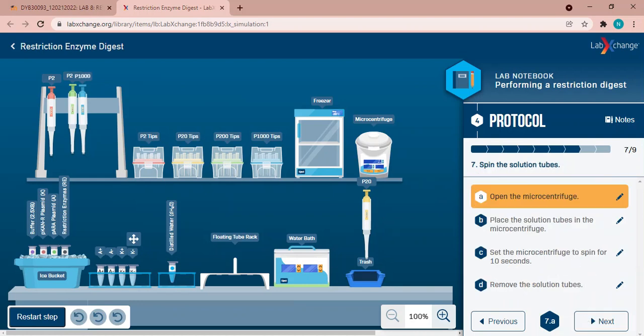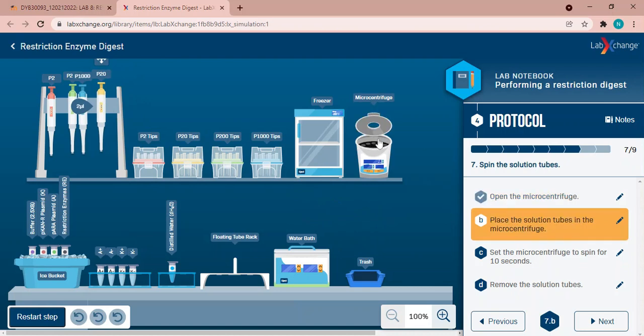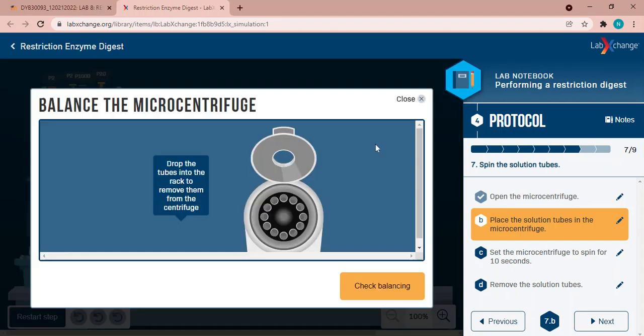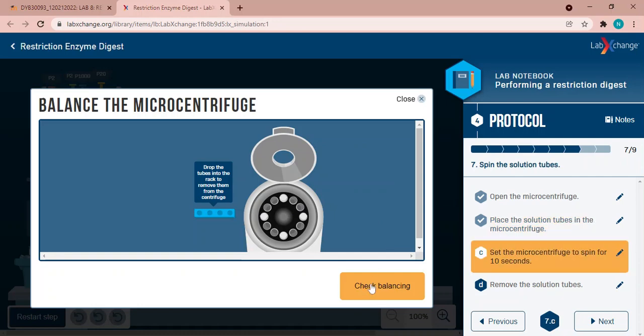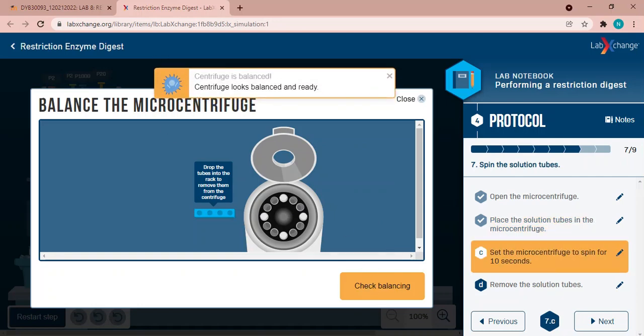So next, spin the solution tubes. First, open the microcentrifuge, then place the solution tubes into the microcentrifuge. Then check the balancing, make sure it is balanced. Okay, the centrifuge looks balanced and ready.